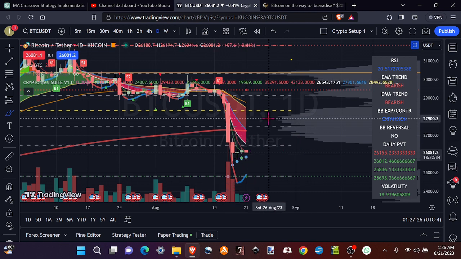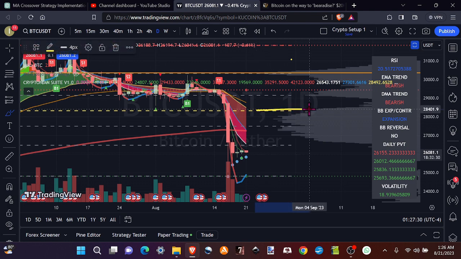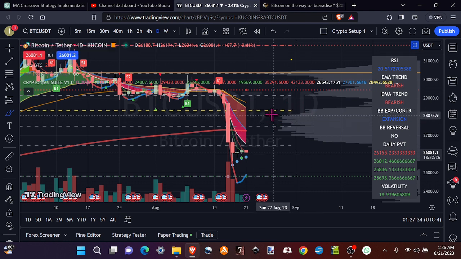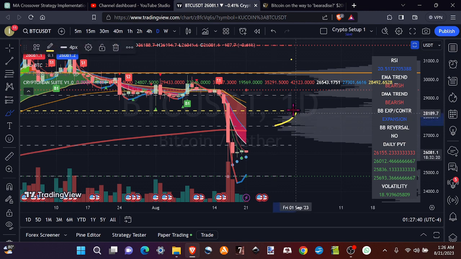If it's a bit stronger, we'll probably hit the 0.5 fib, 28,300, and then get rejected, right? Or possibly in this area between 27,500 and 28,400. That's probably where the rejection would occur, right?